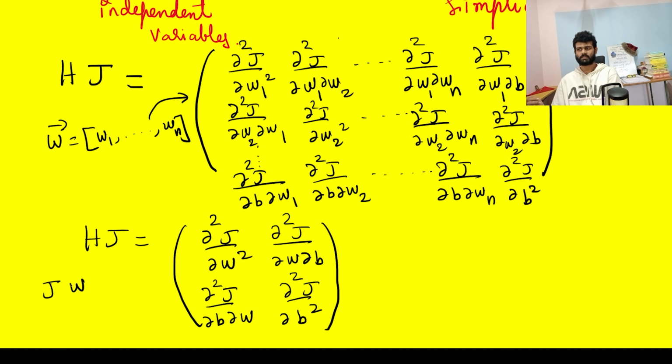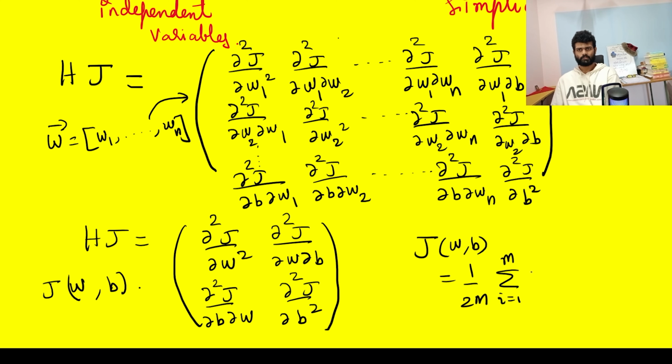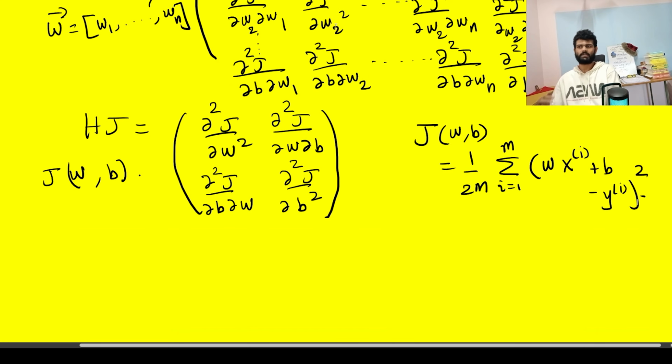J is just a function of w and b, and our J is the summation of (w xi + b − yi) squared.